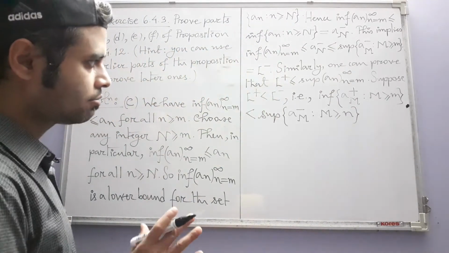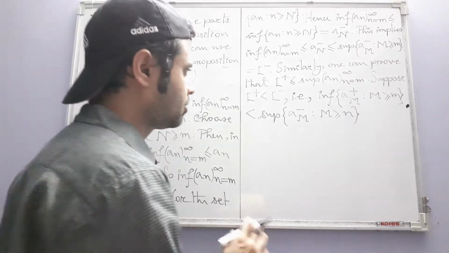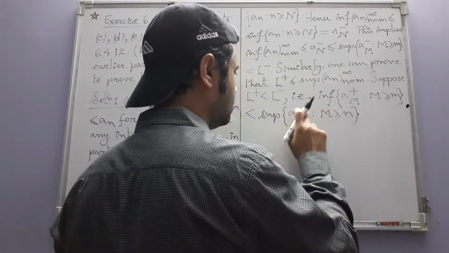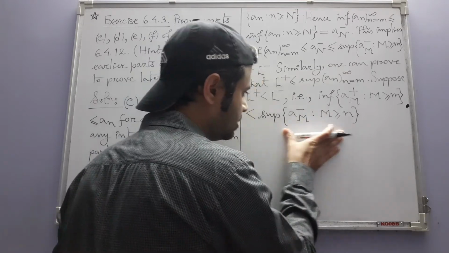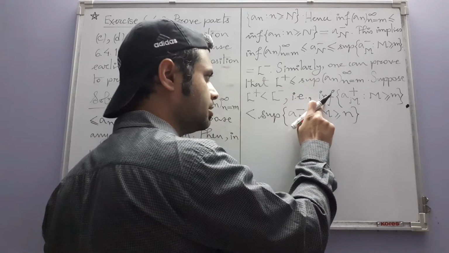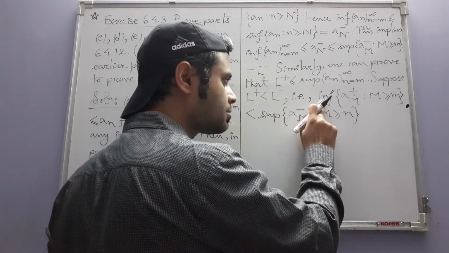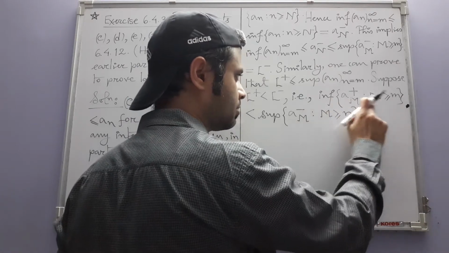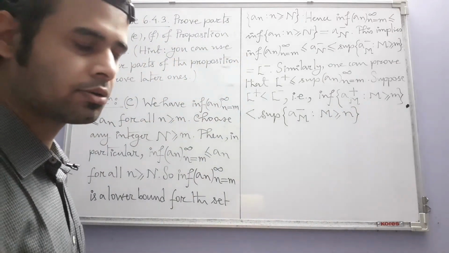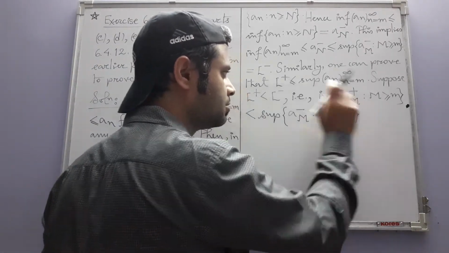Right. Now this inequality tells us what? It tells us many things, but among them it says that, you see, this quantity is strictly greater than this, and this is what? This is the greatest lower bound of this set. Since this quantity is even greater than the greatest lower bound, this cannot be a lower bound of this set.